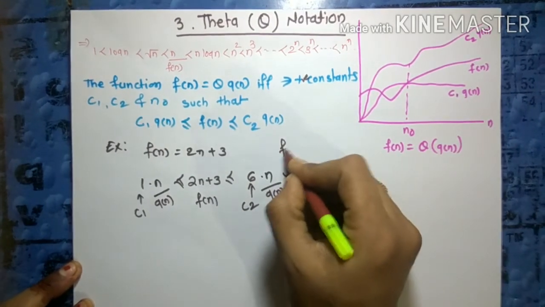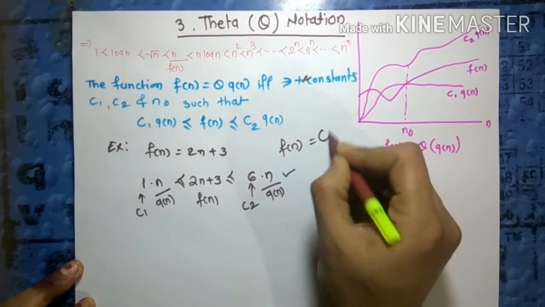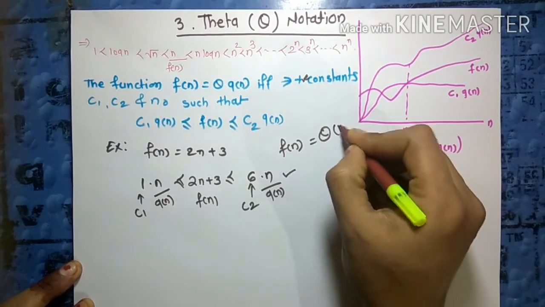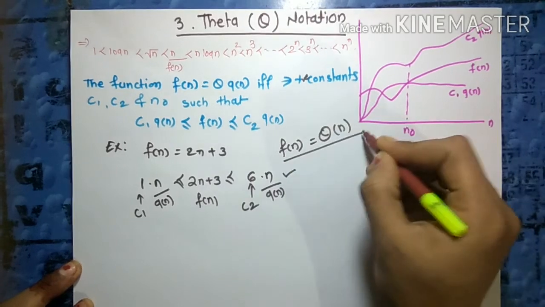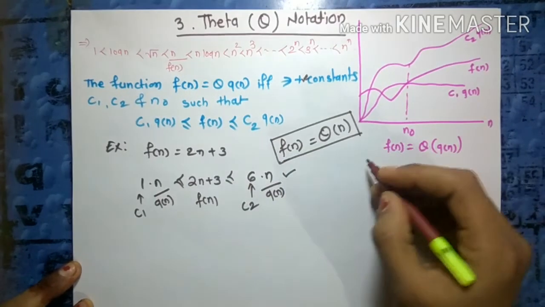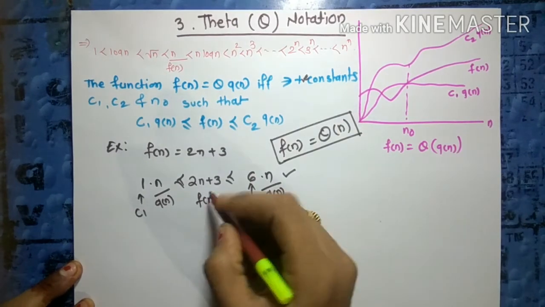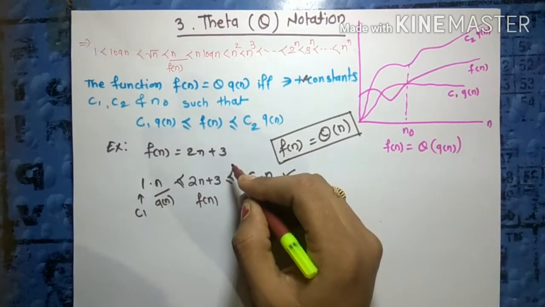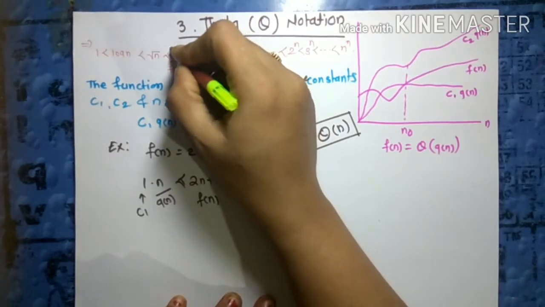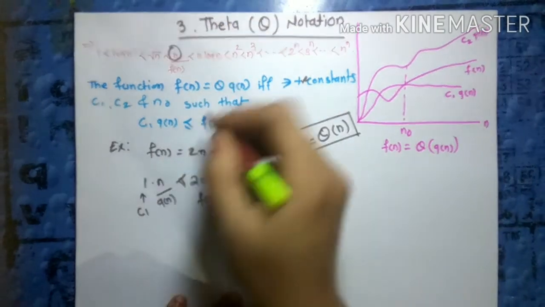So the time function f of n, we can say, is theta of g of n, which is here n, theta of n. As I said, this f of n belongs to this function.